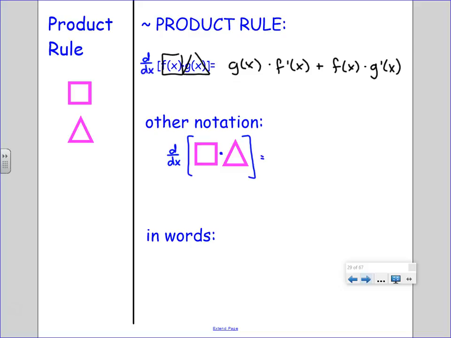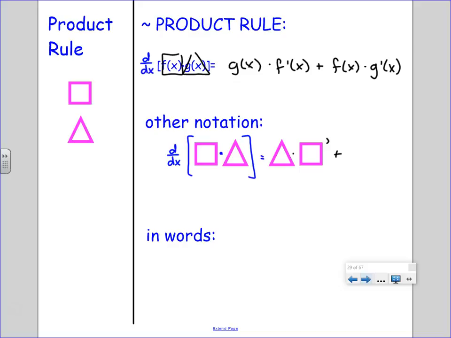And the notation for the exact same formula would be keep the triangle, keep the second completely the same, and then multiply by, oh, the orientation is off, that's rough. Multiply by the derivative of the first. That way you don't have to necessarily call one f and call another g. You can just be like, whatever's in the box spot, whatever's in the triangle spot.